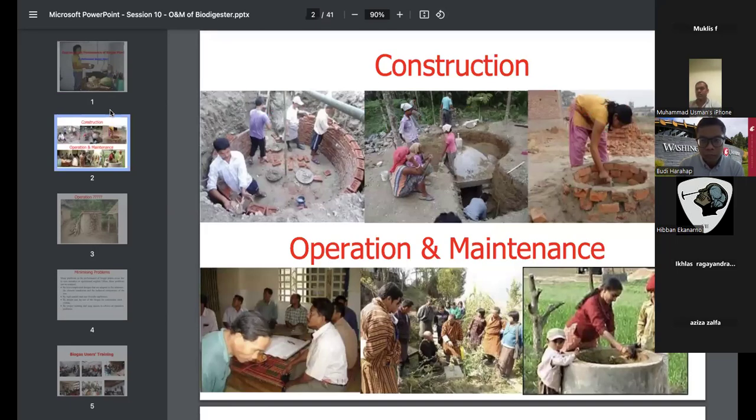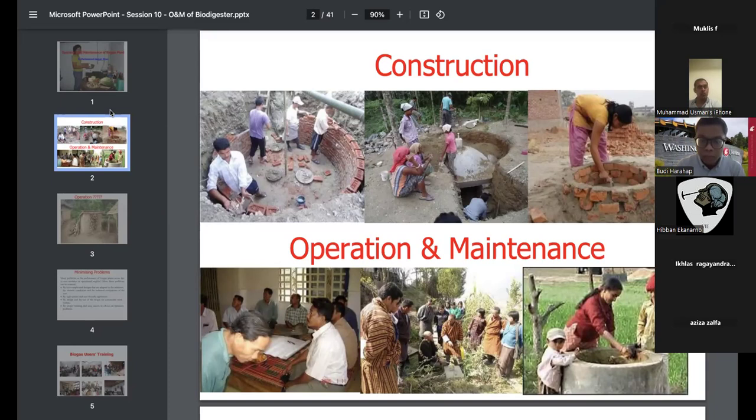For example, construction is the first task in biogas plant development. In our region as well as in the Indonesian region, the most common type of biogas plant is the fixed dome type, and a fixed dome type biogas plant requires an expert mason.